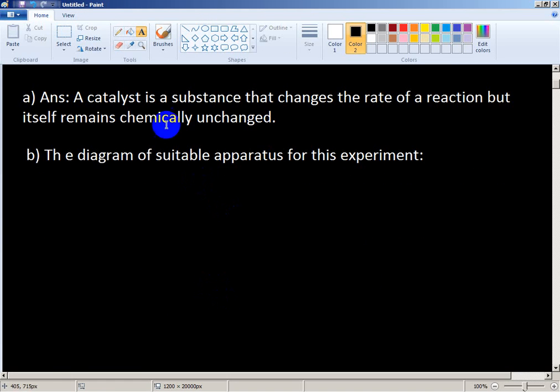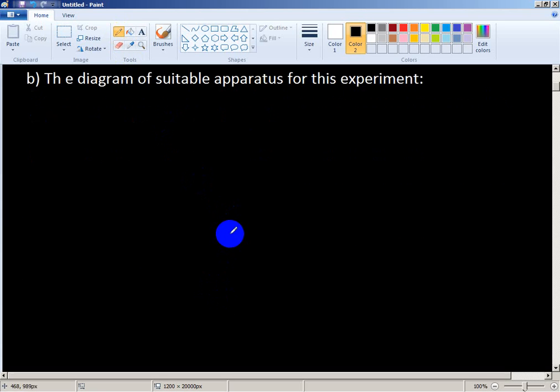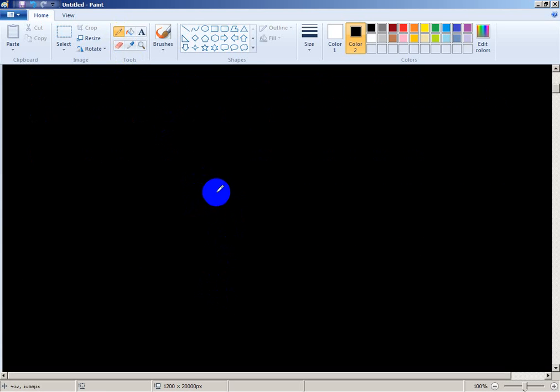At first I will take a conical flask. How will I draw this one? Okay, this flask.